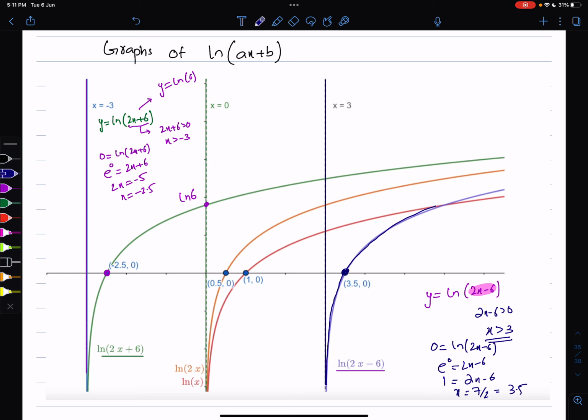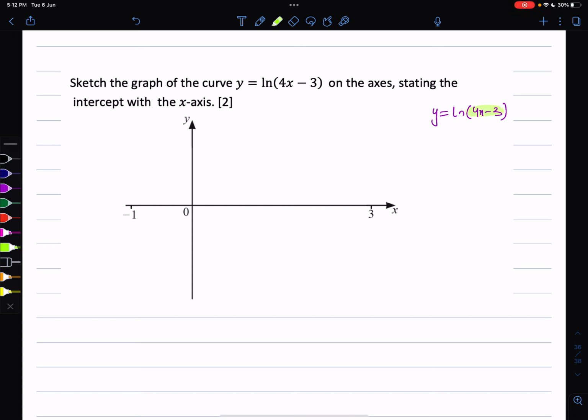Okay, let's do a past paper example. We have to sketch the graph of the curve y equals ln(4x minus 3) on the axes, stating the intercept with the x-axis. It's a 2-mark question. So the equation is y equals ln(4x minus 3). In order to sketch the graph, first I need to find the equation of the asymptote.